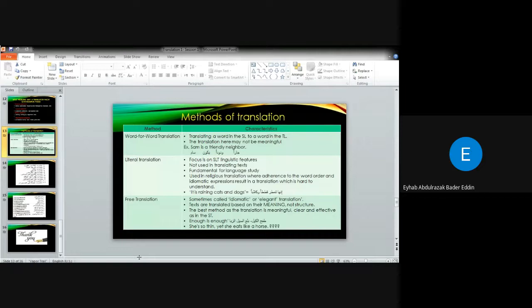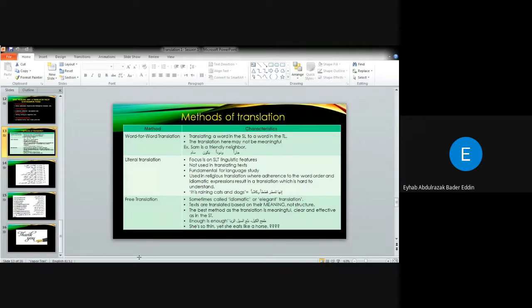So meaning is the unit of translation, and the whole process should be revolving around meaning. And it's the best method as the translation is meaningful, clear, and effective as it is in the source text.